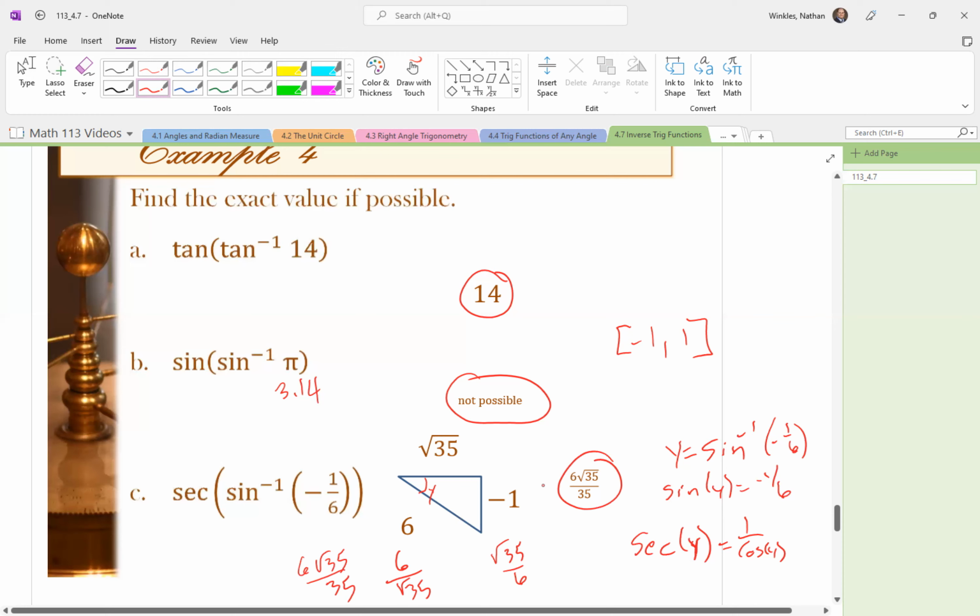We have to be thinking about this intuitively to be able to do this. Sometimes we may be able to draw a triangle off of it. A lot of times when we have mixed functions, like secant and sine inverse, or cosine and sine inverse, or sine and cosine inverse, we might need to think about drawing a triangle if possible.